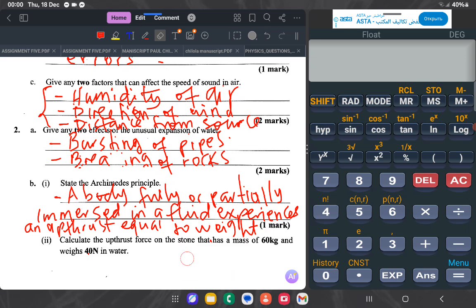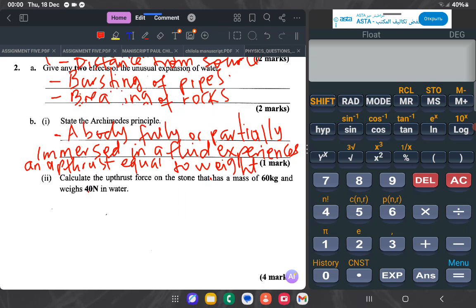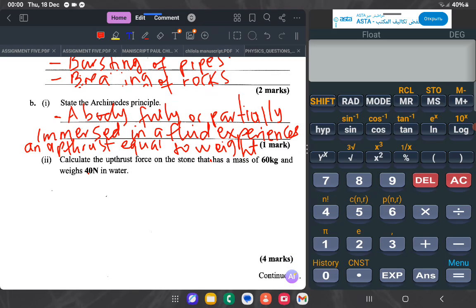Calculate the upthrust force on the stone that has a mass of 60 kgs and weighs 40 newtons in water. First, you must understand the definition of upthrust. Upthrust is simply the difference between the weight of the object in air and the weight of the object in a liquid.